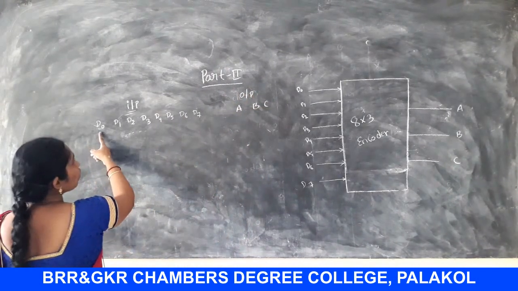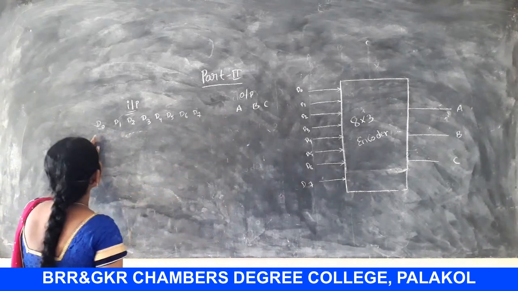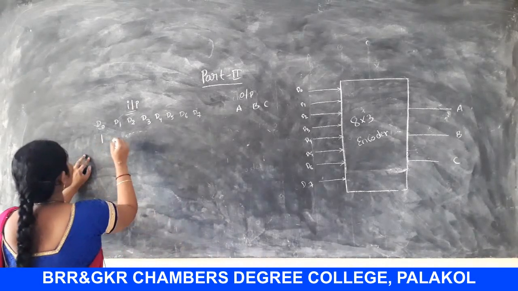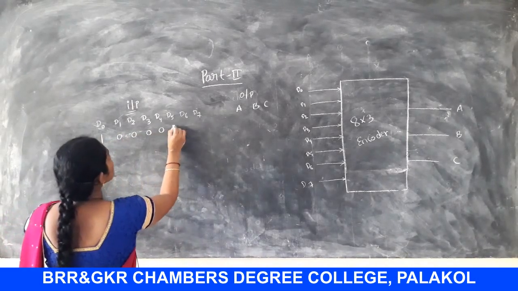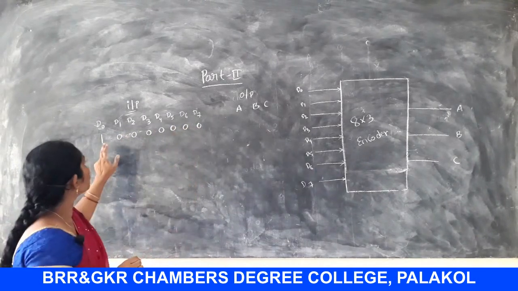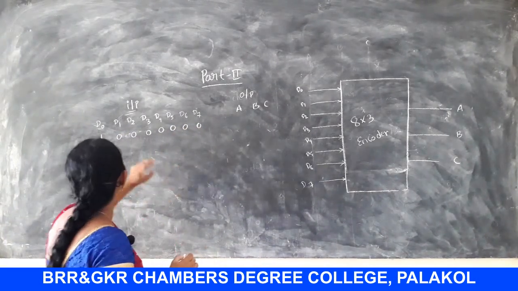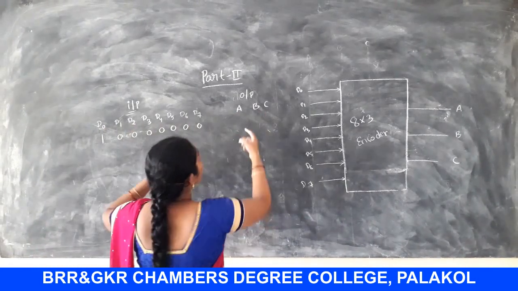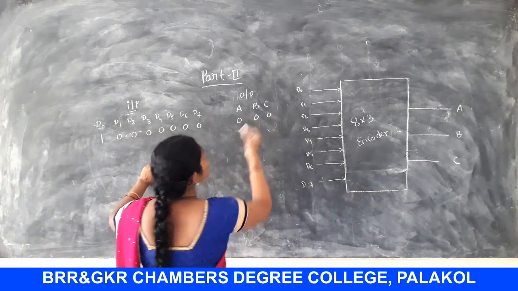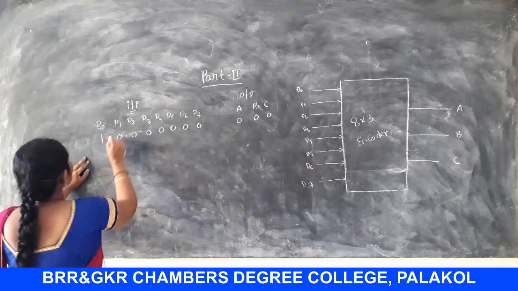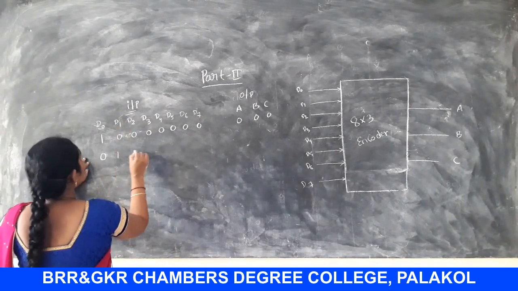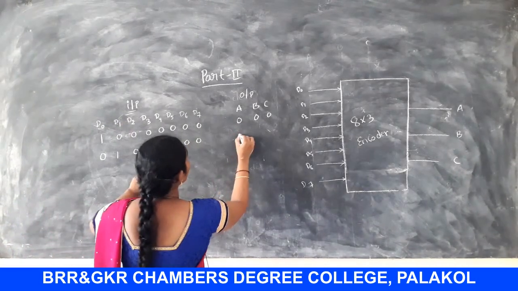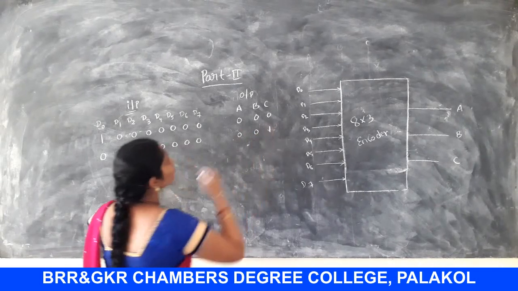First of all we will apply D0 as an input. So here D0 is 1 and remaining all are zeros. So for D0 is 1, the corresponding output is 0, 0, 0. Next we have to apply D1. So D1 is 1 and remaining all are zeros. So the corresponding binary output is 0, 0, 1 here.